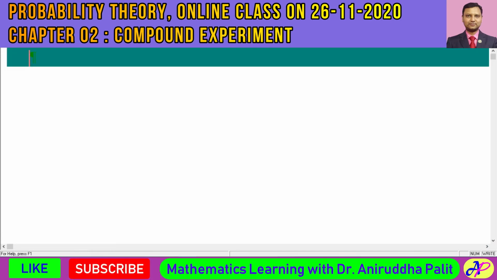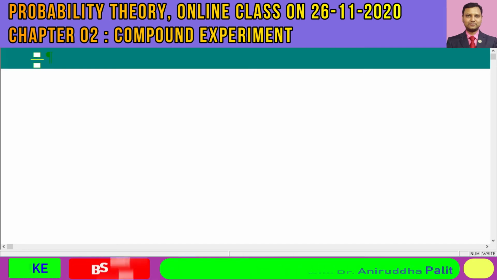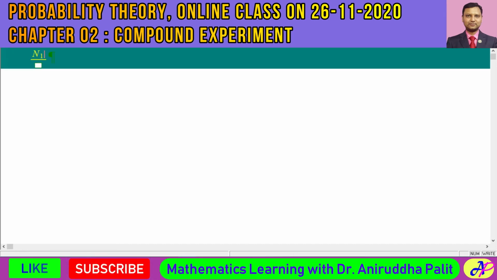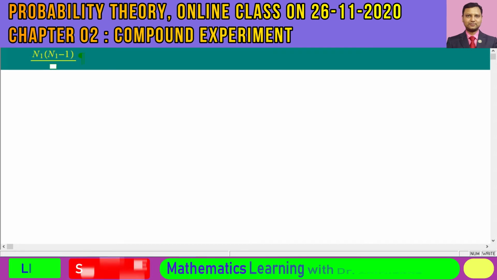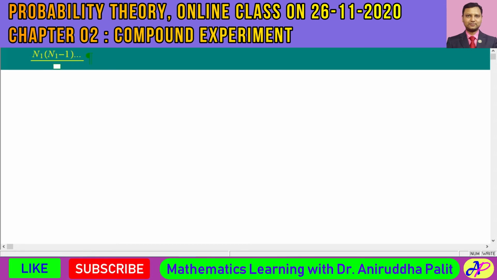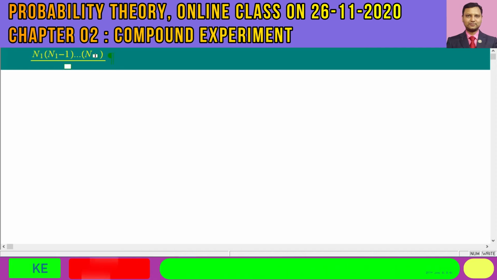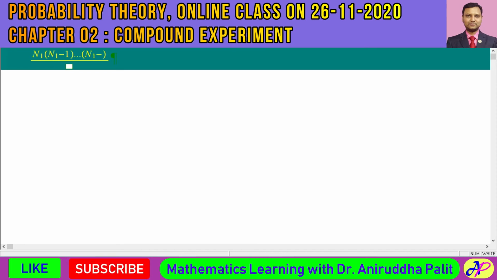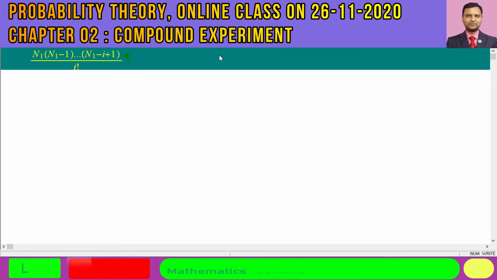We have this kind of expression: n1, then n1 minus 1 dot dot dot up to n1 minus i plus 1, divided by factorial of i. So forget about this factorial i, it is not much important.